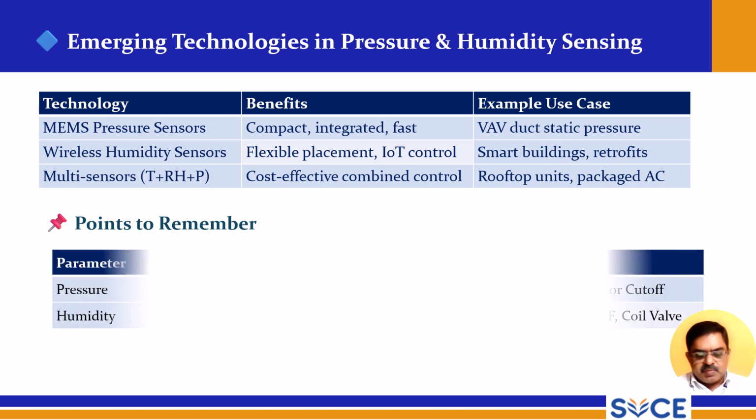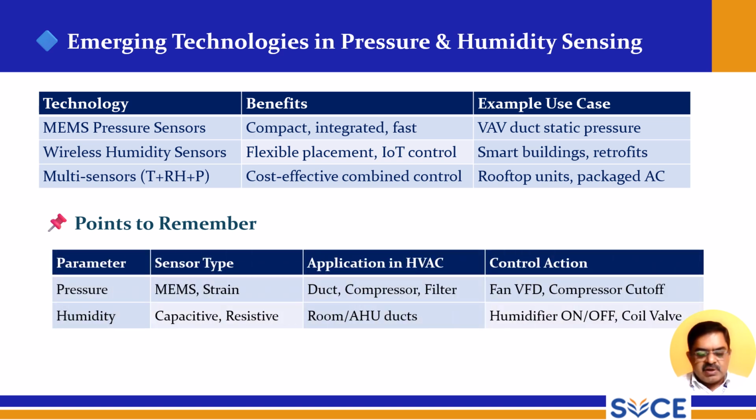Points to remember: for pressure, the sensor type is MEMS strain, application in HVAC is duct, compressor, filter, and control action is fan, VFD, compressor cutoff. Humidity sensor type is capacitive or resistive, in room and AHU ducts, with humidifier on off control.